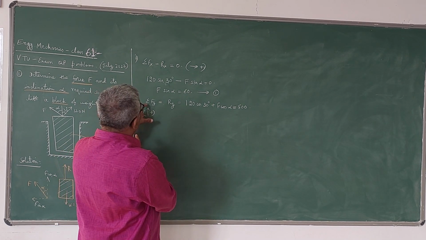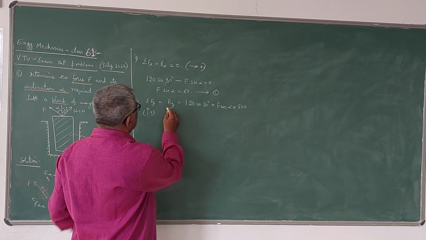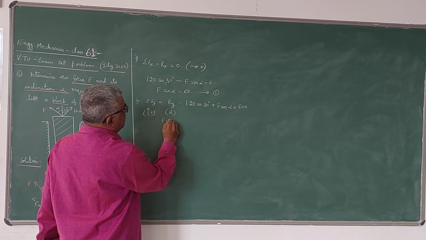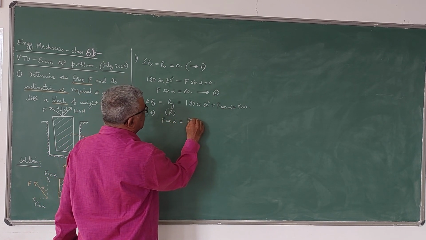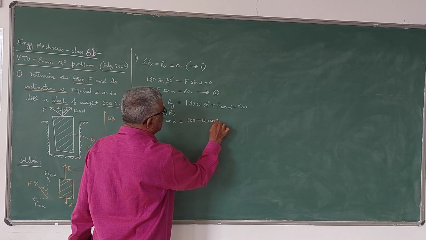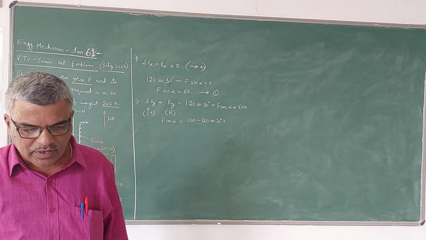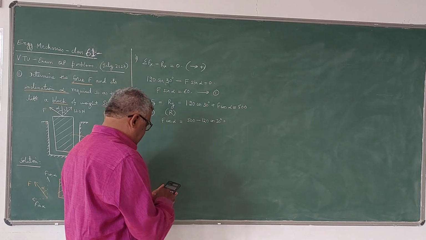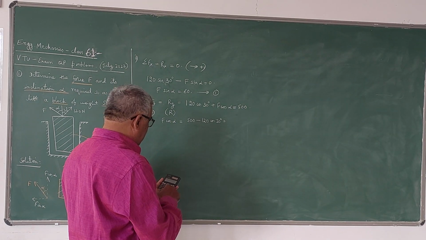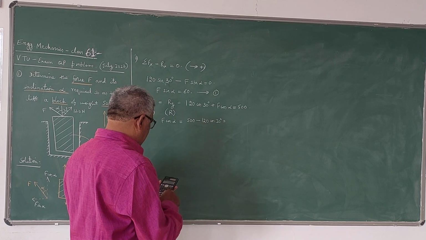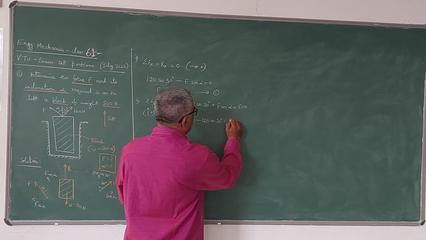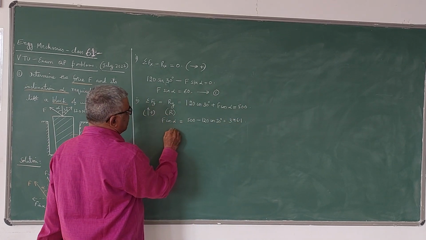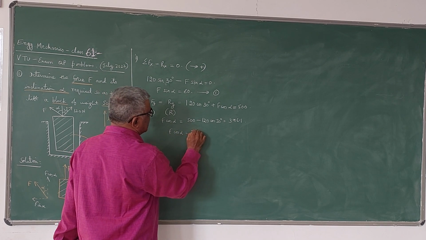That means in this case, sigma Fy itself is equal to Ry, that itself is equal to R. Now from this equation, you get F cos alpha is equal to 500 minus 120 cos 30. If you simplify this, you will get 500 minus 120 into cos 30, which is 396.1. So F cos alpha is equal to 396.1.